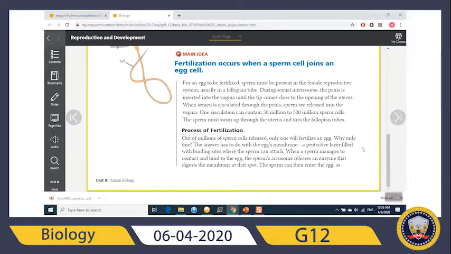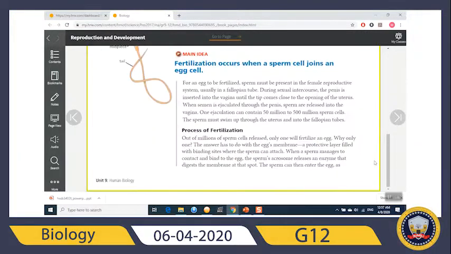Now, the egg has a protective layer, the egg membrane. When the sperms attach to it, only one sperm will discover a certain binding site. This binding site will allow only one sperm. So when the sperm finds this binding site, the acrosome, do you remember the acrosome?